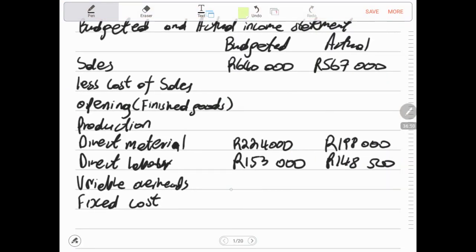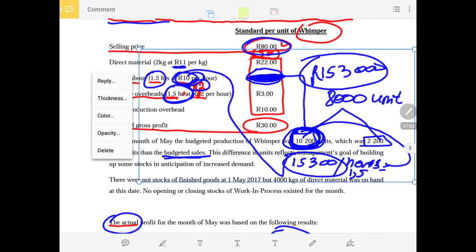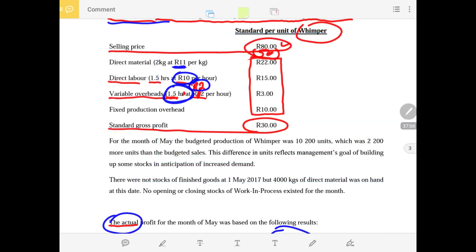Then we go to our variable overheads, and after that to fixed overheads. For variable overheads, we start with the budget, and after that the actual. Our budgeted variable overheads are given per unit once again, so I'm not going to repeat the same application I did with the direct labor.